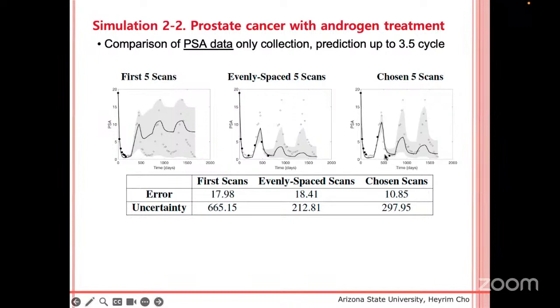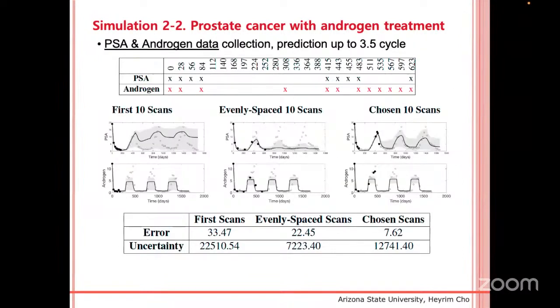However, we luckily did not just do similarly, but better than the equidistant scans, and our uncertainty was also in a reasonable range. And this is just doing PSA, but here we also included both PSA and androgen, and now we select 10 chosen scans, and here we're doing much better, especially since we actually take the peak. We were able to resolve the peak, get the peak point, and then the accuracy was better.